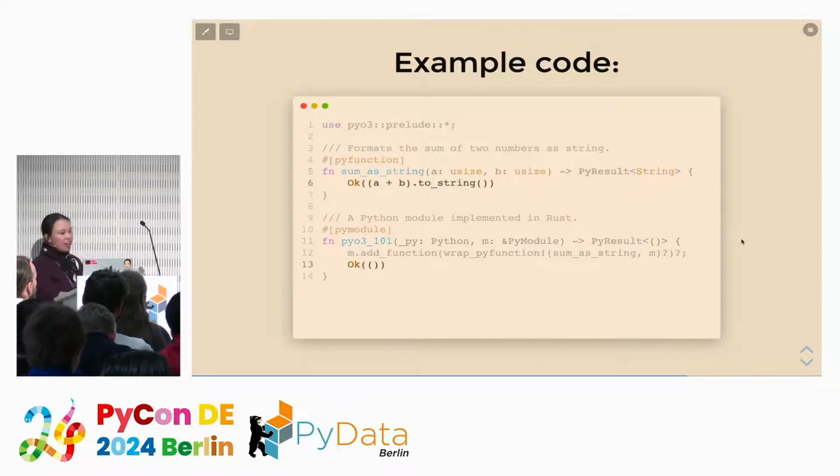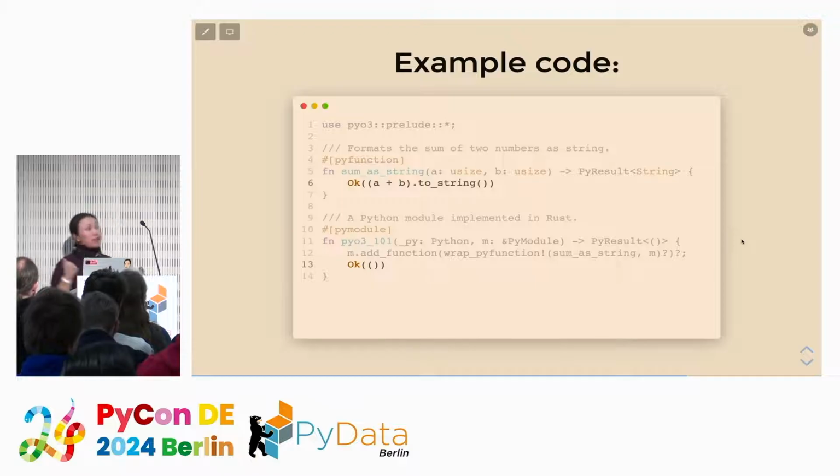Next thing, why do I have OK here? Because Py result actually is a result. In Rust, a common practice is that each function at the end will return a result. It's either OK, which means everything is fine, or the other, of course, which means everything is not fine, which is an error. So at the end, it will return an OK or an error. That's why we have OK at the end.